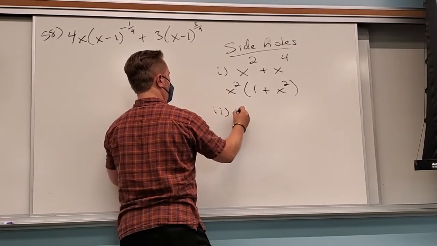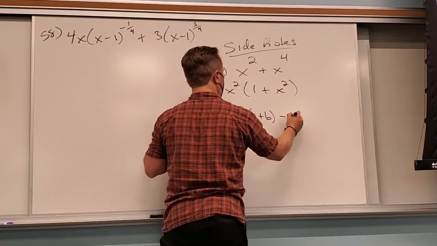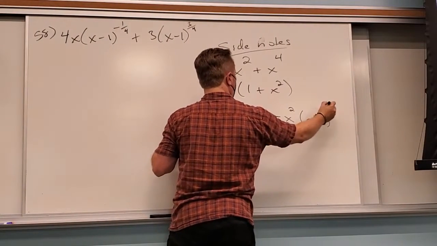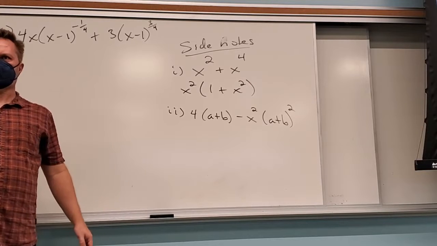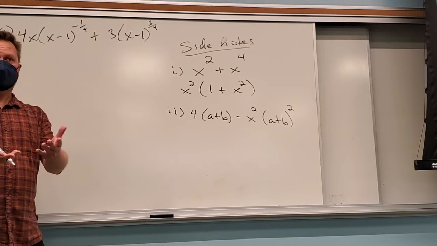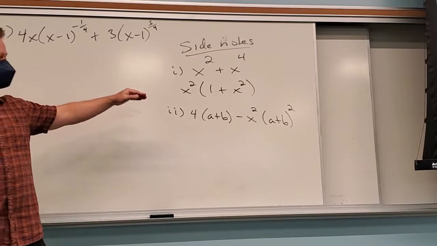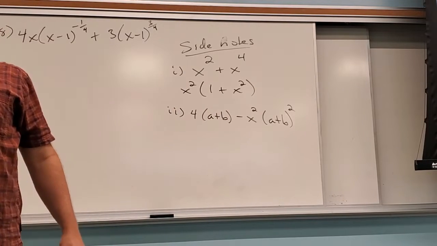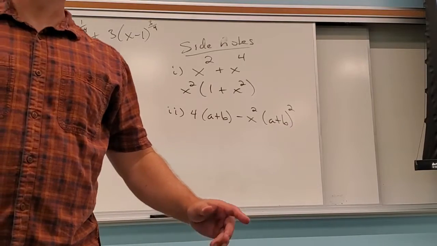Here's another thing. What about if I had this? Yeah, let's do that. You can do some grouping. Well, not grouping really. It's not really 4 terms. How many terms are in this? 2.